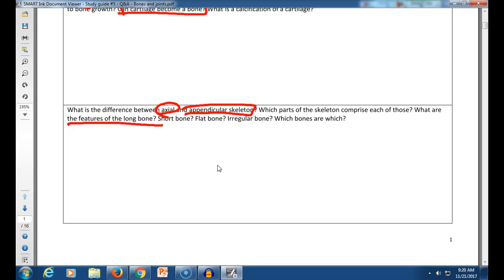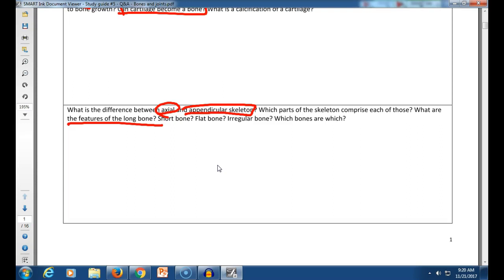A few words. Short, flat, long, irregular. Frontal: flat. It is a flat bone. Mandible: irregular. Ribs, humerus, patella, phalanges, carpals: short.